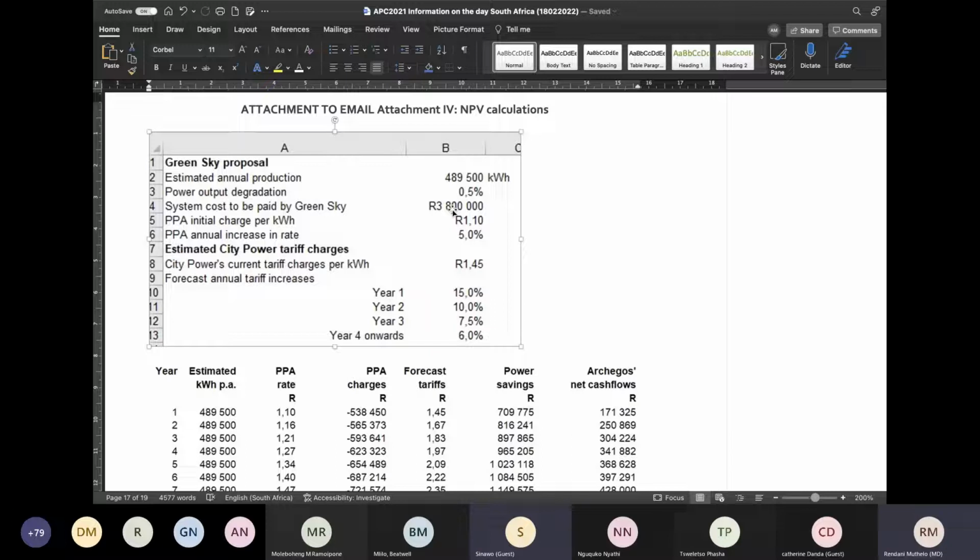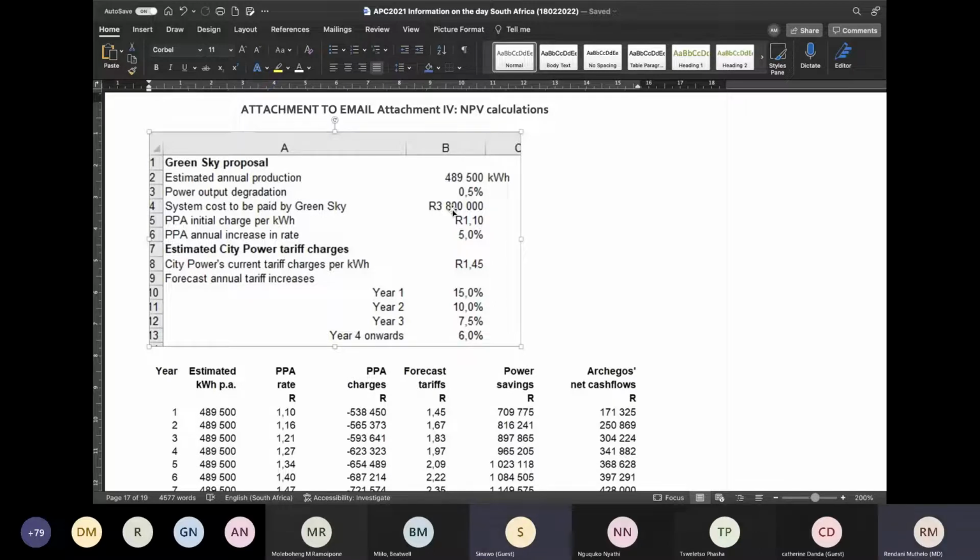If in year one I give you 10,000 kilowatt hours and my degradation is 10%, next year I will not give you 10,000, but 10,000 less 10%, meaning 9,000.